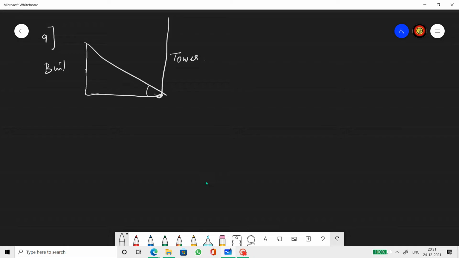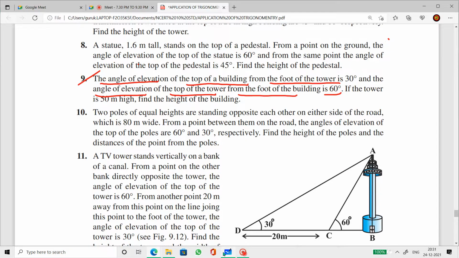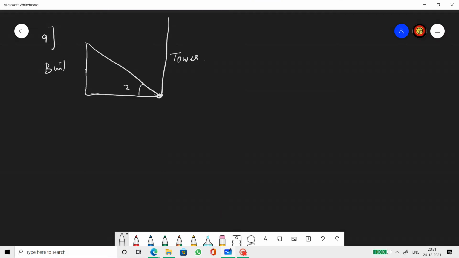So I'm assuming a building here and a tower over here. This is the building and this is the tower. According to the question, when you see the top of the building from the bottom of the tower, the angle of elevation is given as 30 degrees.